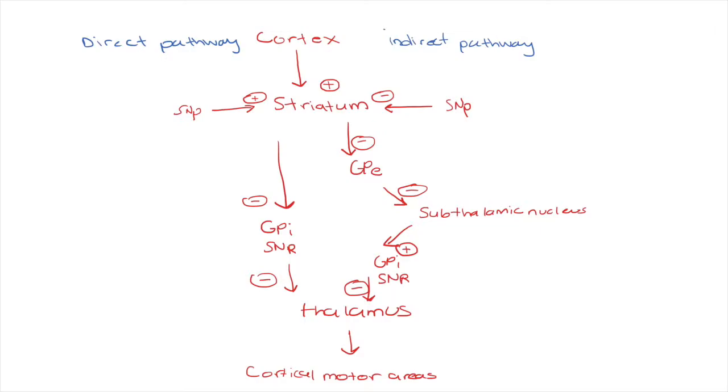The key difference between the direct pathway and the indirect pathway, as I've already alluded to, is the fact that the direct pathway ultimately results in a stimulatory effect, so it causes movement, and the indirect pathway causes an inhibitory effect on movement.